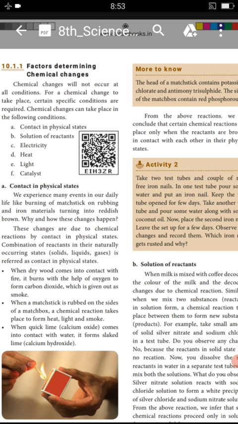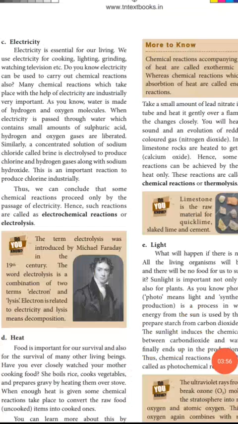Third one is electricity. We use electricity for cooking, lighting, grinding and watching television. Electricity is very essential in our daily life. So electricity carries out chemical reactions. Water is made up of hydrogen and oxygen.